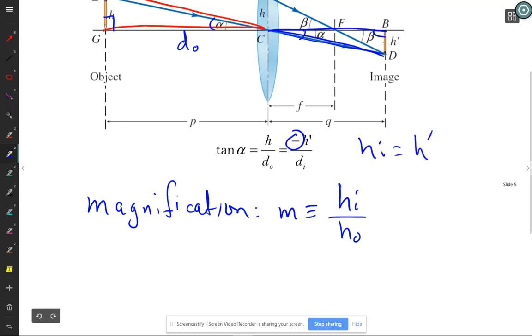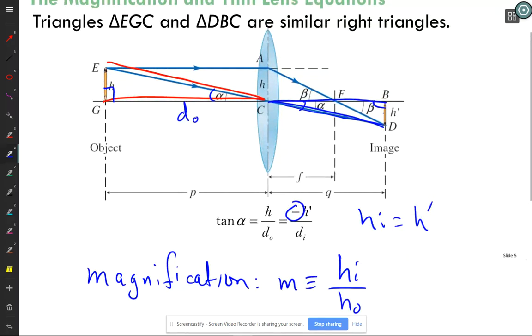HI and H prime are the same thing. So magnification is defined as the height of the image over the height of the object. In this case, the image is inverted, which means the magnification is a negative value. So negative magnification, inverted image. Positive magnification, upright image. We've learned some more things.